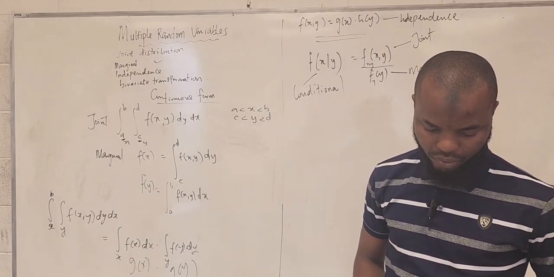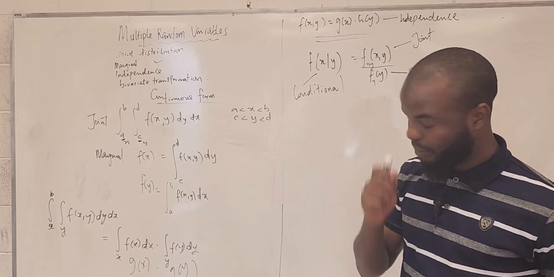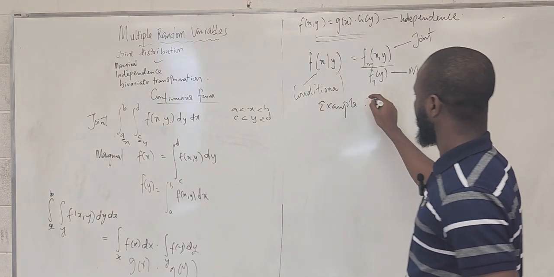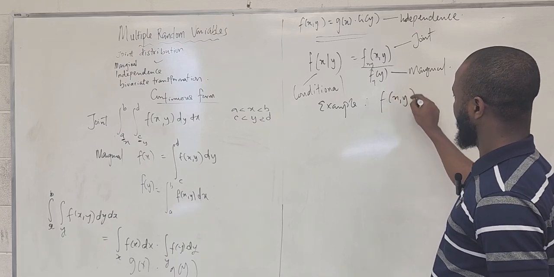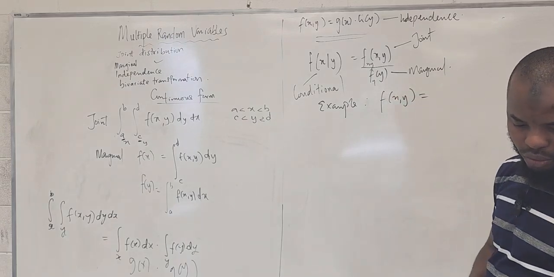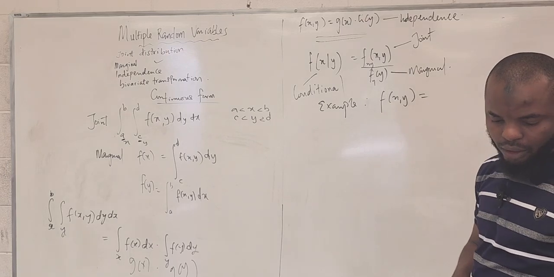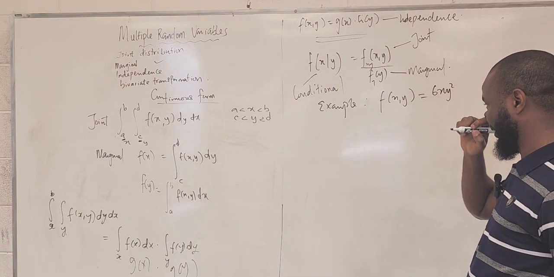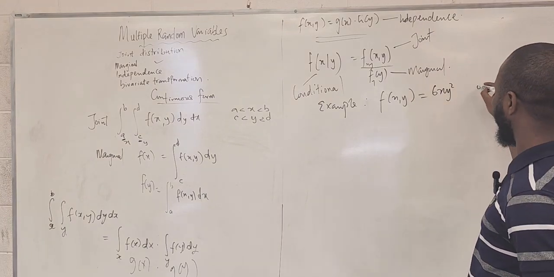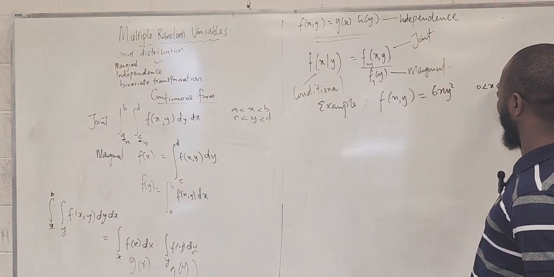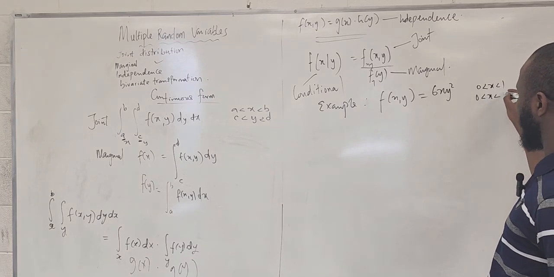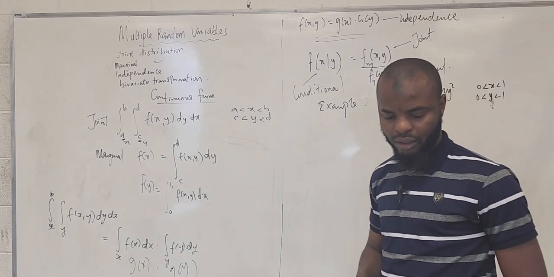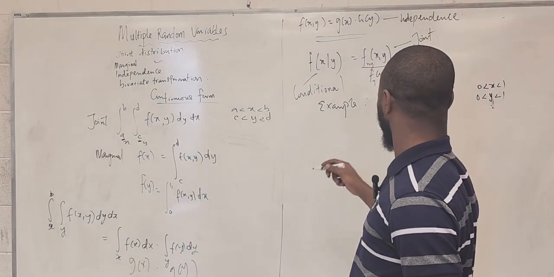You have f of x comma y equal to 6xy squared, with the limits 0 less than x less than y less than 1. So the question is, find the joint distribution.